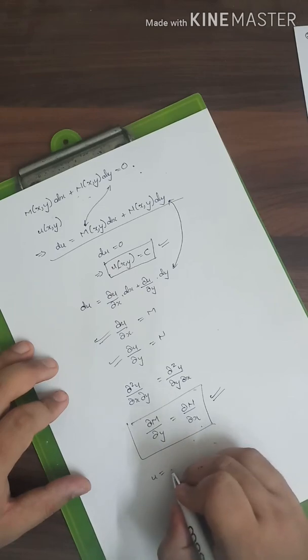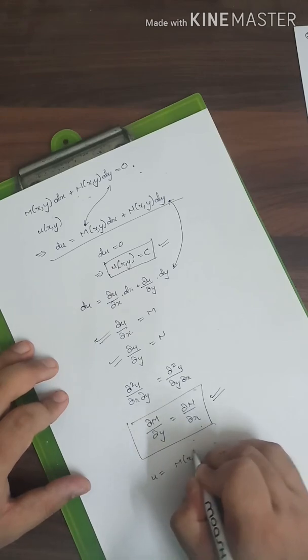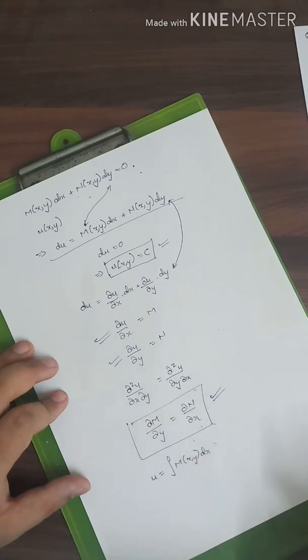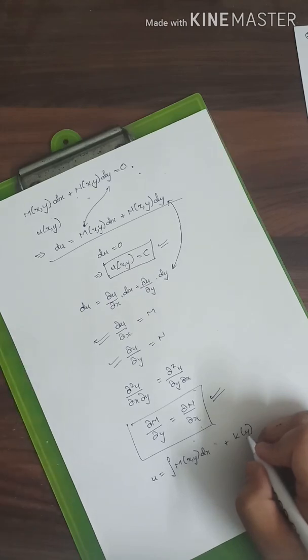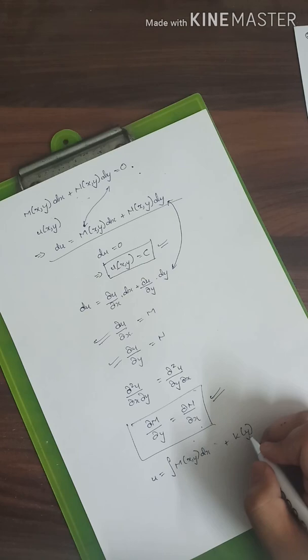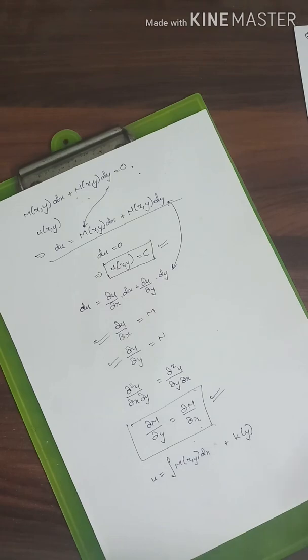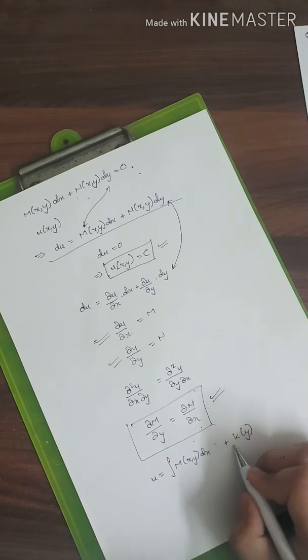What we get is u equal to the integral of M dx, we are integrating with respect to x, plus k(y), because as we are integrating with respect to x, if the change is in pure y, we might treat it as a constant, because what we are considering right here is the change in the equation with respect to x. So there would be a function of y that would be a constant here.